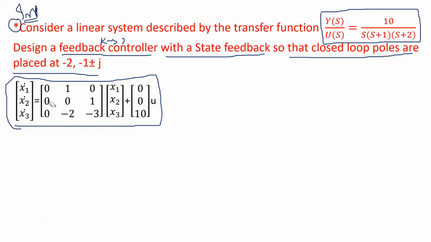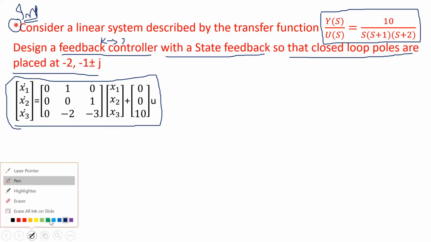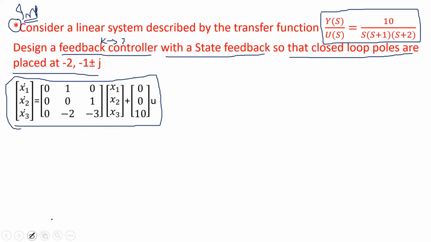So first, how to find the state equation from the given transfer function. Earlier, I said how to find a transfer function from the given system. Now I'm going to find the state equation from the given transfer function. This is a standard procedure.